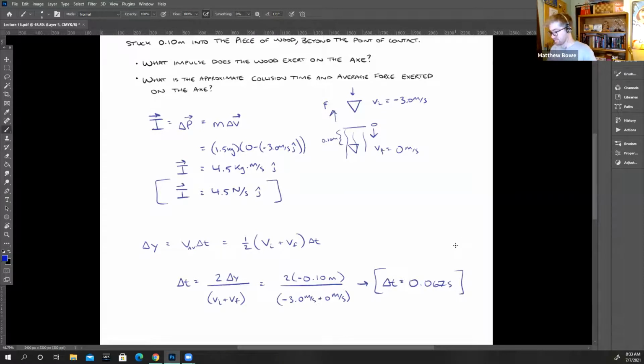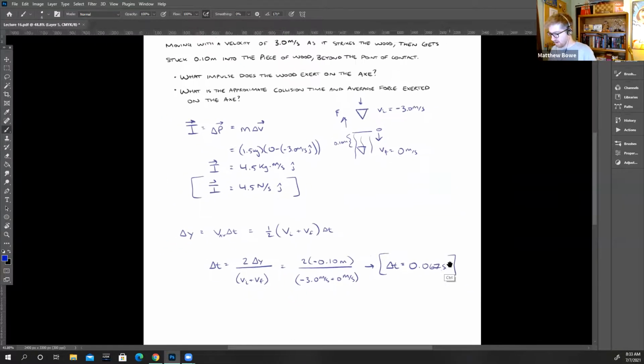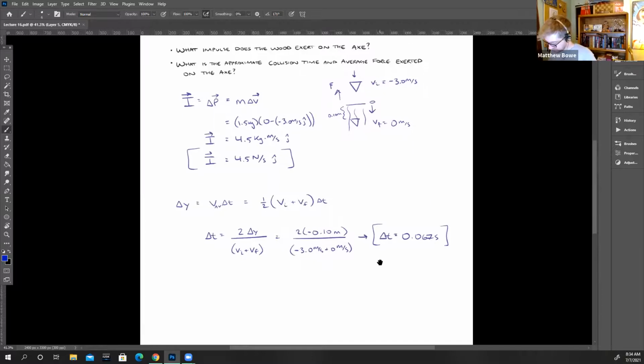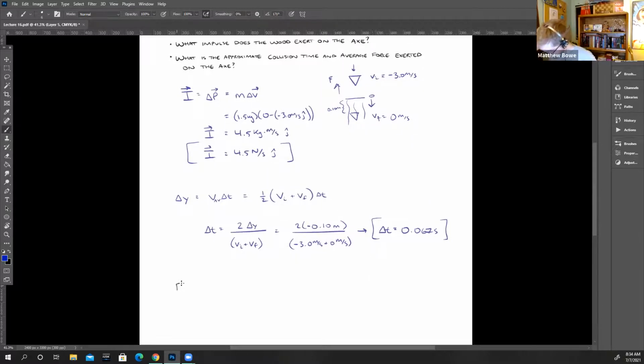Now we have an impulse and we have a time. We can find the average force applied to the axe. It's just 4.5 newton seconds, in the j hat direction, over 0.067 seconds.